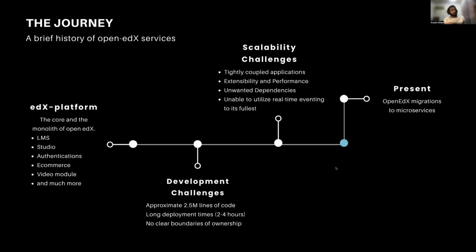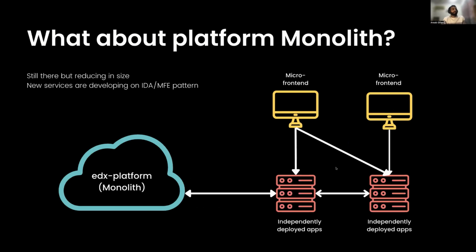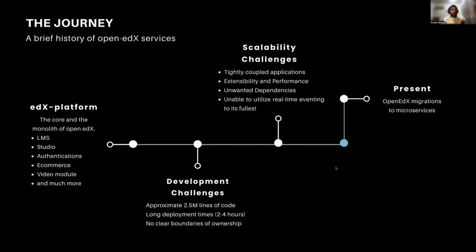We wanted to focus on an event bus and everything, so we couldn't utilize that. All of those were big scalability challenges that eventually made us decide to move towards microservice migrations. So to this day, all the front end architectures have been deployed into micro frontends.